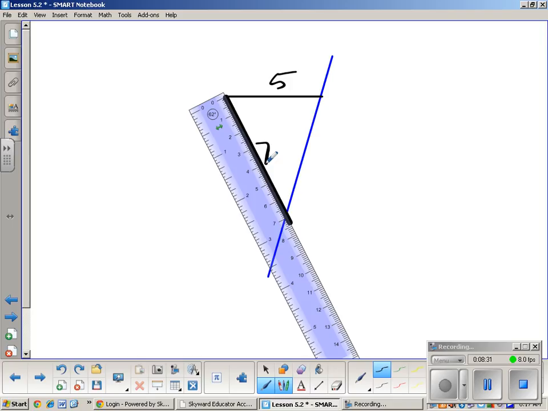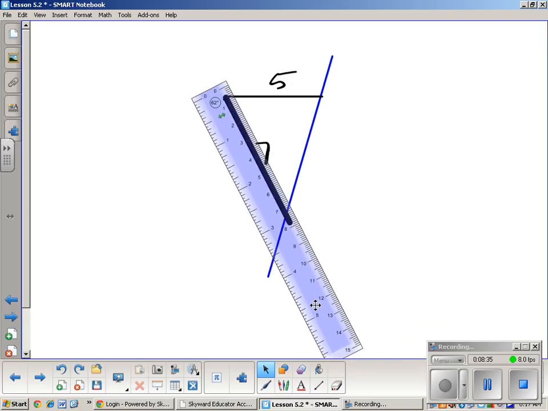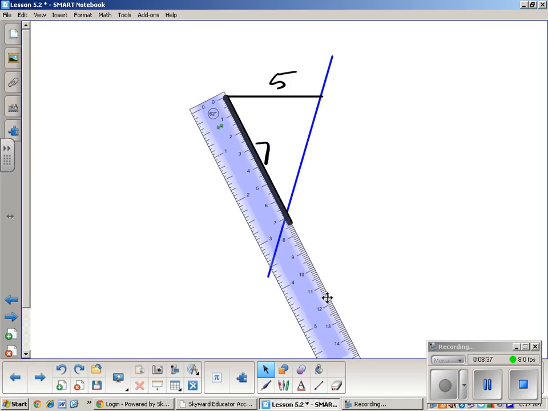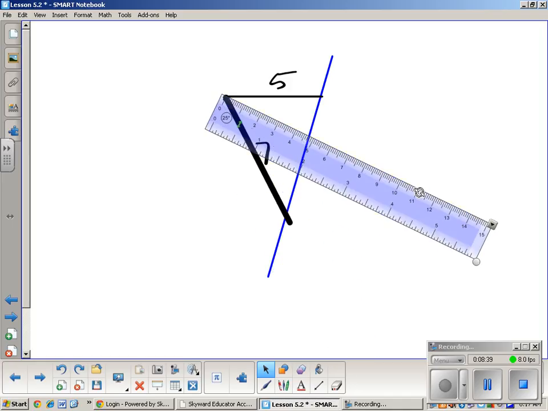And someone else would come up and they would place this somewhere else. And they would measure and they would get a different number.